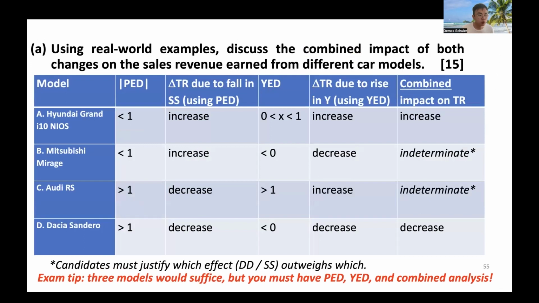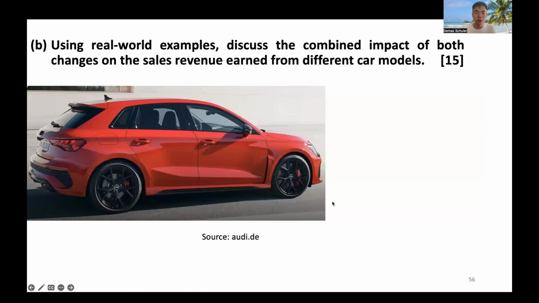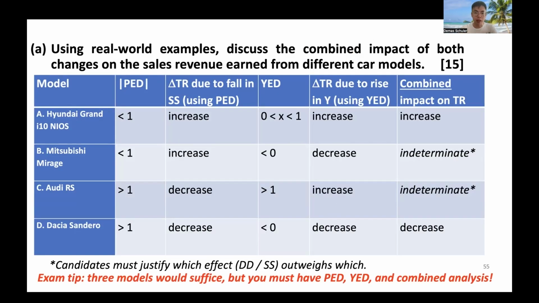Just an exam tip, you obviously don't need to go over 4 models in your exam. 3 models would suffice, but you have to have PED, YED, and combined analysis. So I won't be going over C and D, the Audi RS and Dacia Sandero.